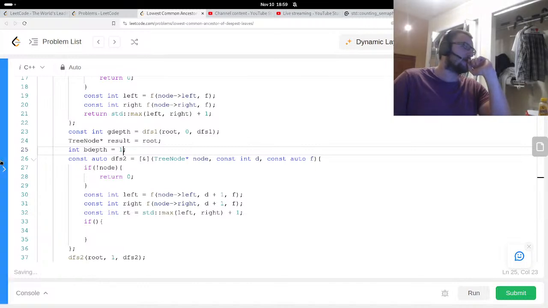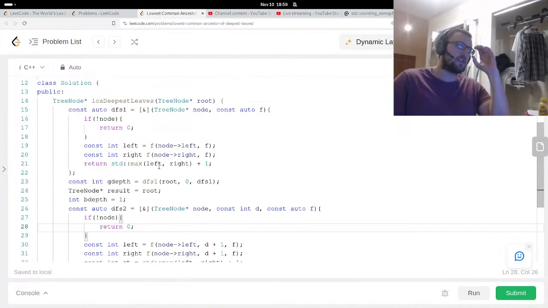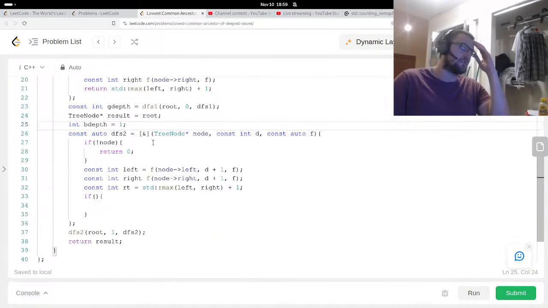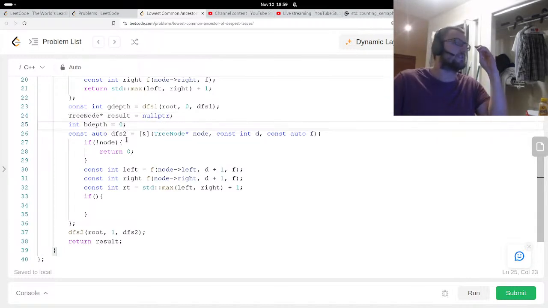Yeah, 1. There's always at least one node. Okay, I was going to say I should handle that. I can handle that case where the root is a null pointer, but that actually doesn't matter. All right, so never mind. This is wrong. Actually, I don't want to do it that way. Null pointer 0 is what I want first. Okay.